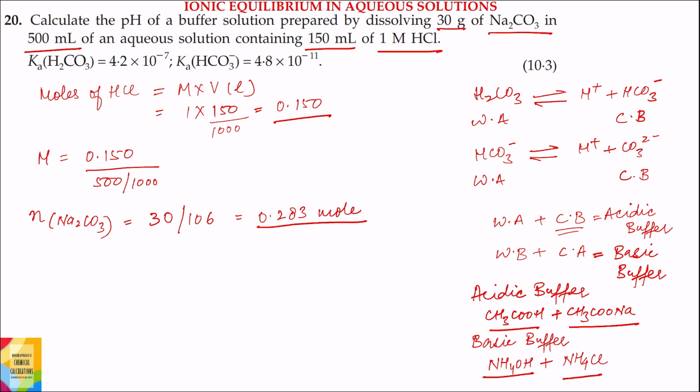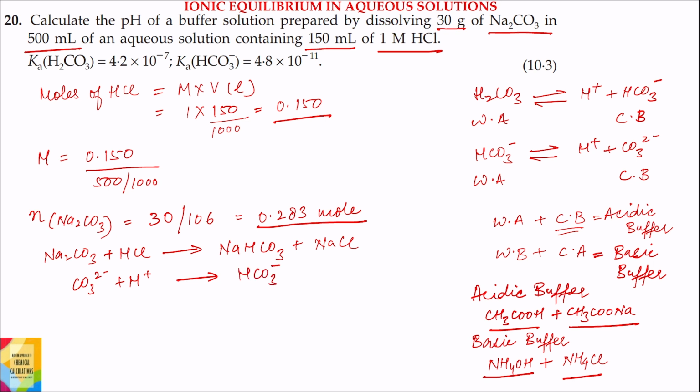Now the reaction between Na2CO3 and HCl is Na2CO3 plus HCl will form NaHCO3 plus NaCl. If the ionic form of the equation is written, then this is CO3 2 minus plus H plus forming HCO3 minus.